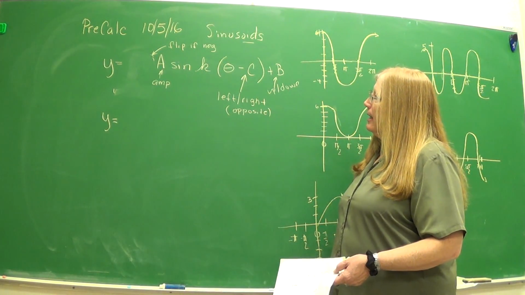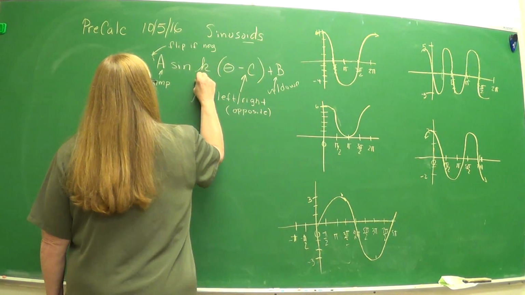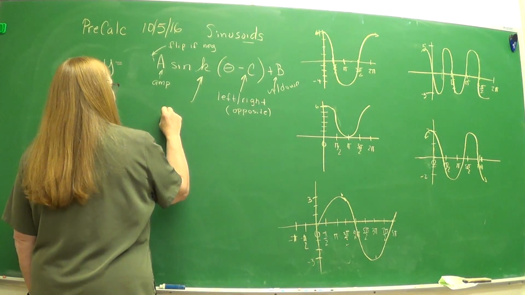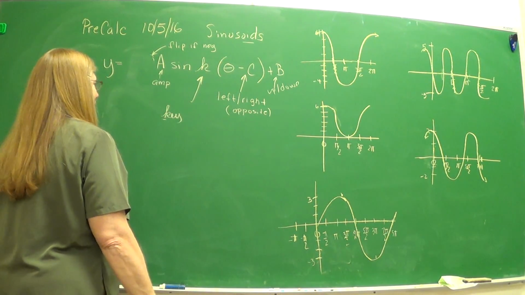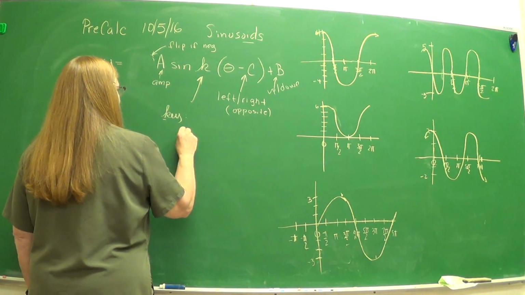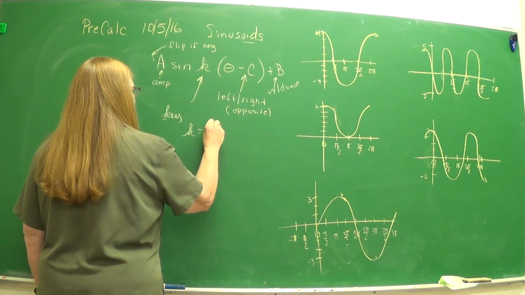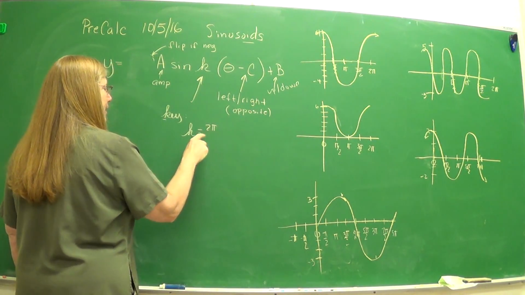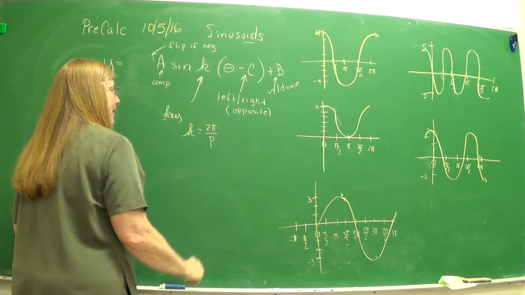Then the last one was K, and K was an expression that we had to pull out a key for, because K and key have the same letter. The key was K always has this relationship with the period: the old period, if we're talking about sine and cosine, is always 2 pi divided by the new period.